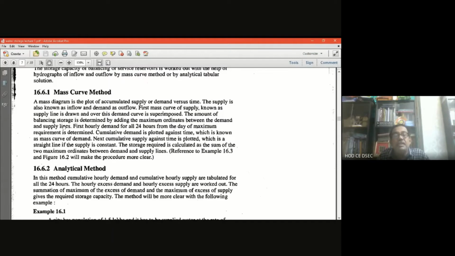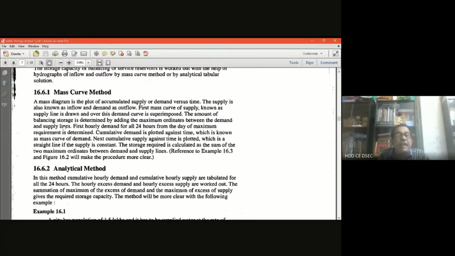First the mass curve of supply, known as the supply line, is drawn. More or less it is a straight line, and over this the demand curve is superimposed. This is fluctuating because demand is fluctuating, so it is curved in nature. That means the demand curve is superimposed on the supply curve.